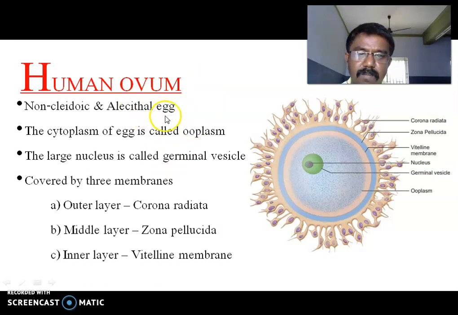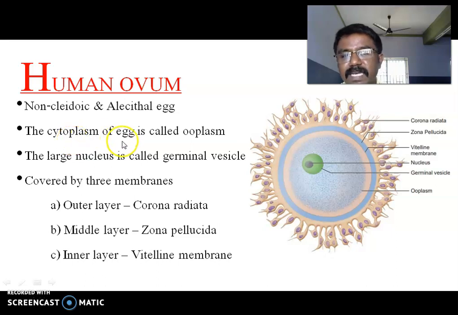The human ovum does not contain nutrients. Example, the hen egg contains white yolk and yellow yolk, right? The same nutrients are not present in the human ovum. So it is called alecithal. A means absence of lecithal.